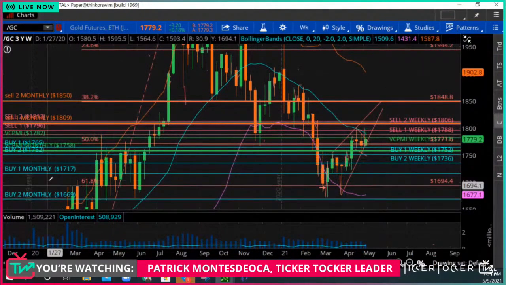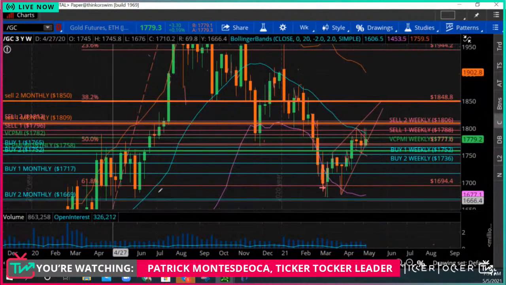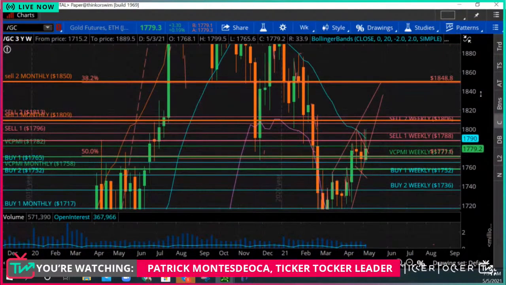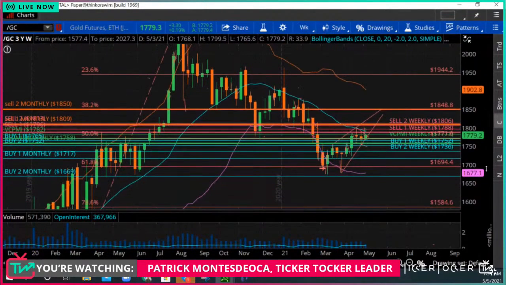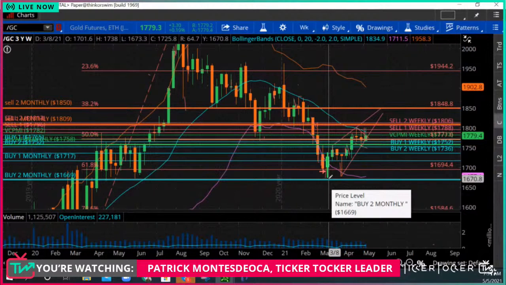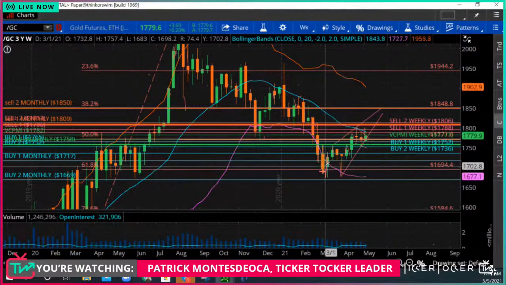Now, as you see here, the correction came right into this blue level that is identifying the codes monthly, weekly, and we saw a reversion occur on March the 8th, this March, from that level.